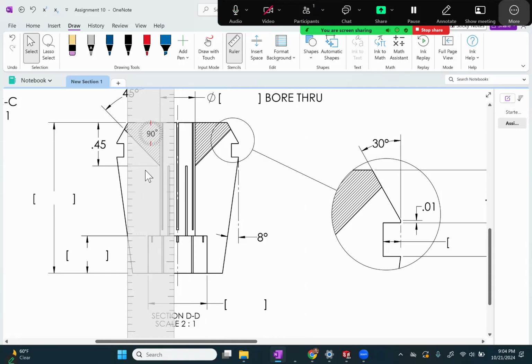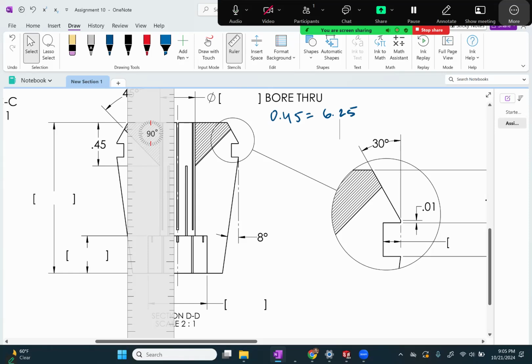I want to find out what that is on my ruler. 0.45 units on my ruler is 1, 2, 3, 4, 5, 6 marks, and then guessing after that, maybe about a quarter. I'll do this in blue here. 0.45 is about 6 1/4 on the ruler.